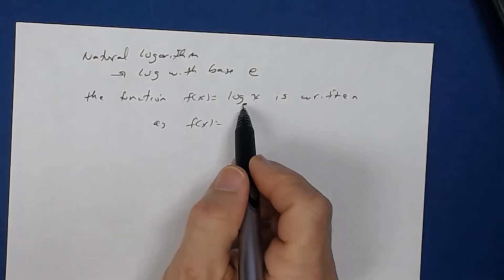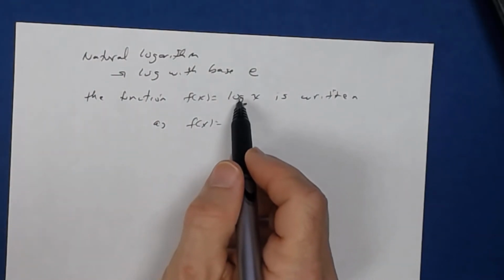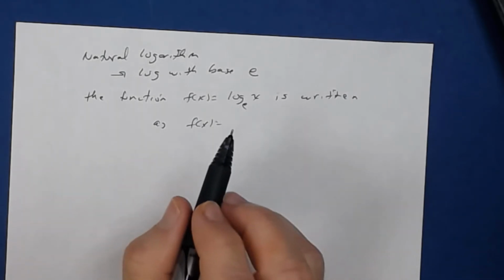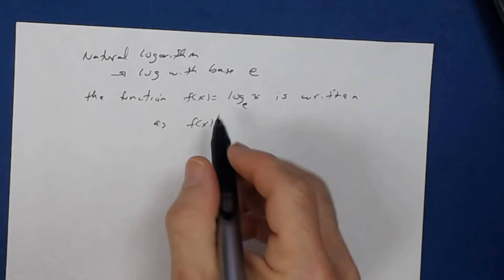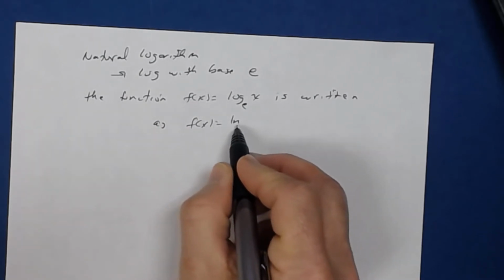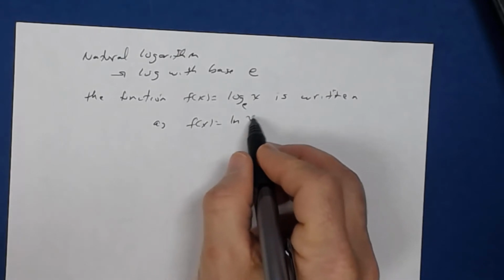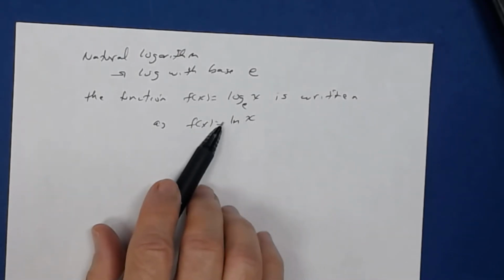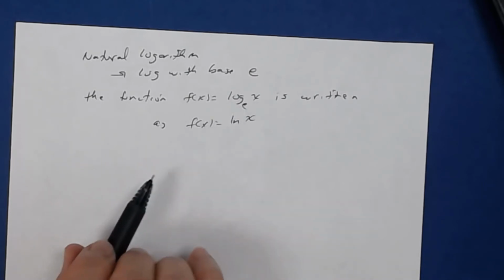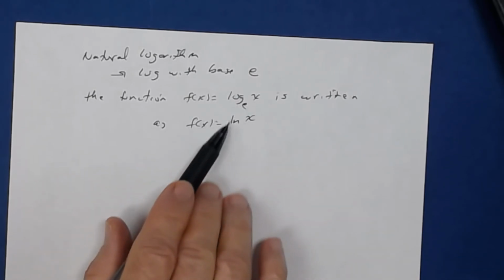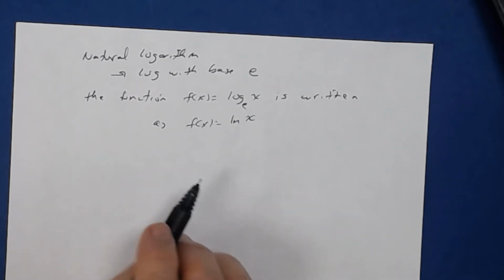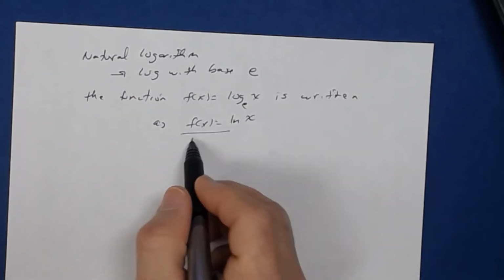When the base is e, I wrote log base e. We prefer to write it like this. Remember, that's called natural logarithm, so that's going to be ln, natural log of x. So if you see ln, that's a natural log with what base? Base e. So these two are the same thing, except we don't write it like this. We write it as ln.